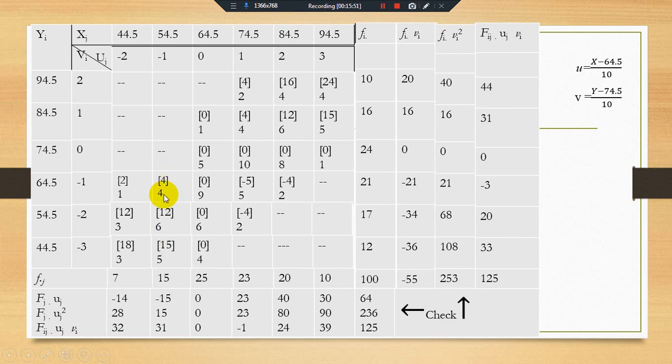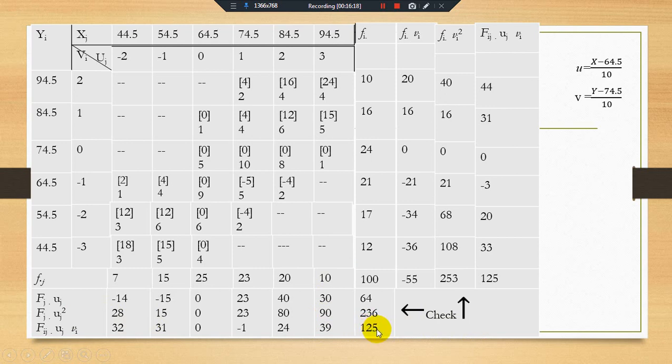I am adding only bracket values. So 31, 0, 0, 0. So it is 0, 4, 4, 0 minus 5 minus 4 is equal to minus 1. So multiplying by 16, 12, 0 minus 4 we get 24, and 24, 15, 0 we get 39, and the sum of this series is equal to 125.